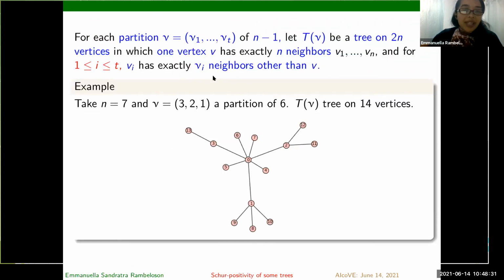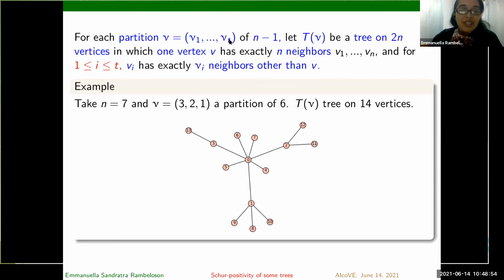Now, if we take a partition nu of n-1, we can construct a tree T_nu on 2n vertices like this one. One vertex V of the tree must have exactly n neighbors, and we name them V1, V2, and so on, up to Vn.